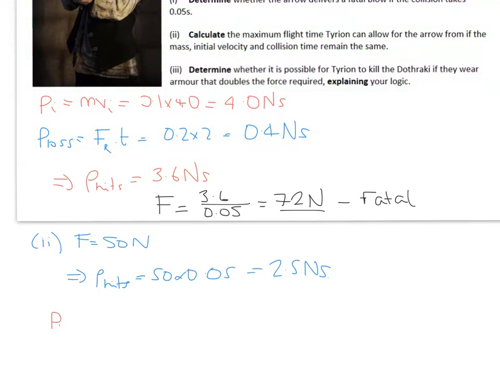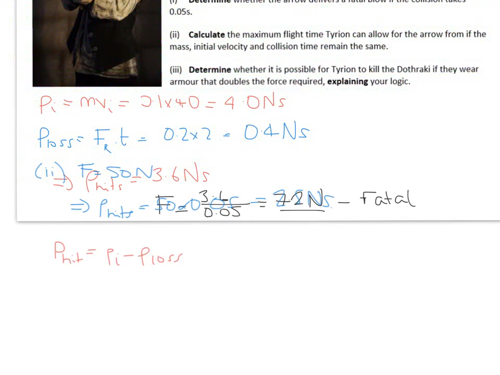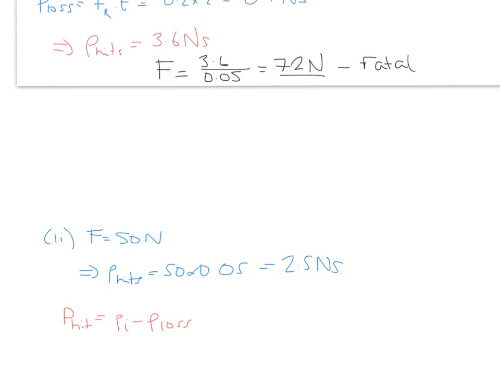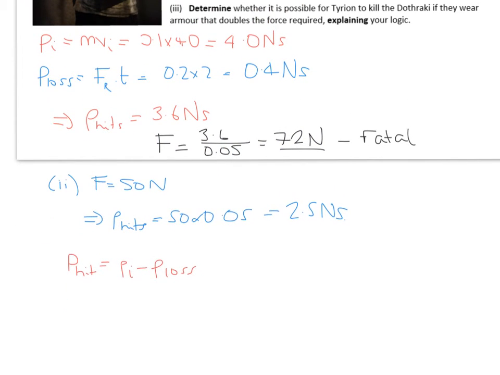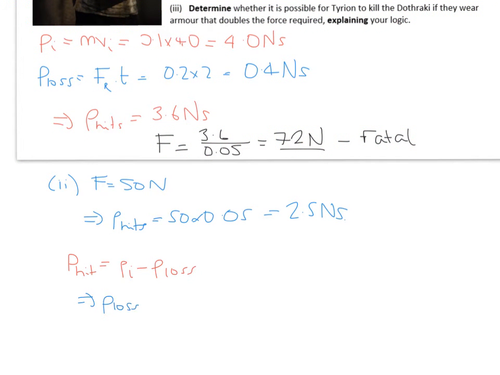So the hit momentum was the initial momentum minus the momentum loss. We know the hit is 2.5, we know the initial momentum was 4, so we can calculate that the momentum it can afford to lose in flight is 1.5 newton seconds.